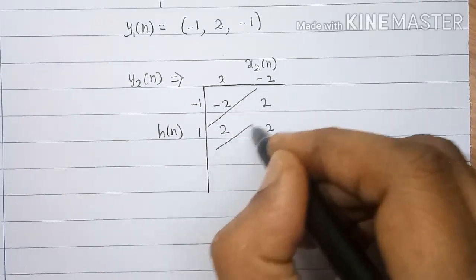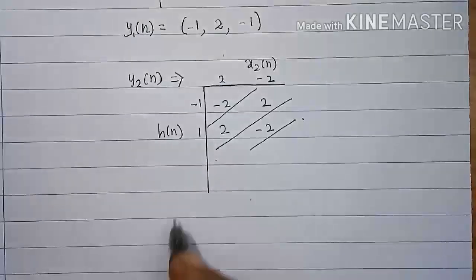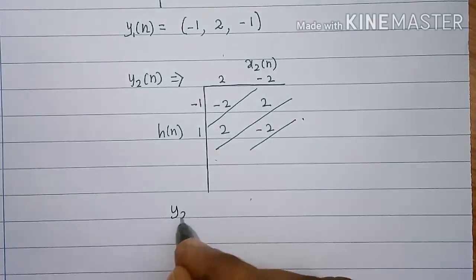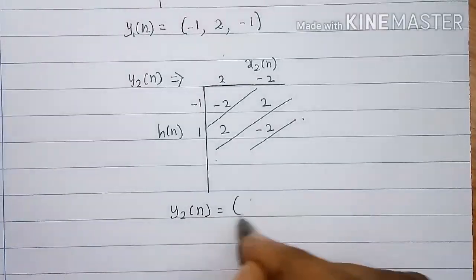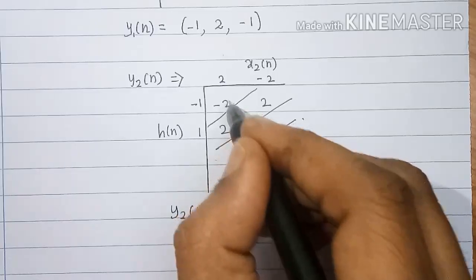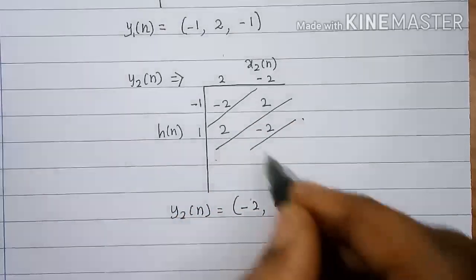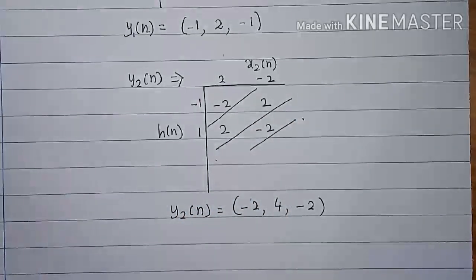Again add this to get y2 of n, that is minus 2, 2 plus 2, 4, and then minus 2.